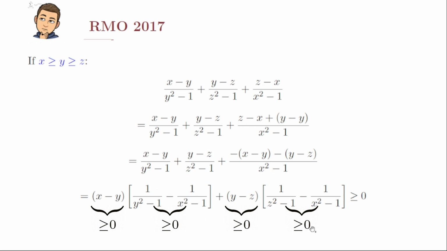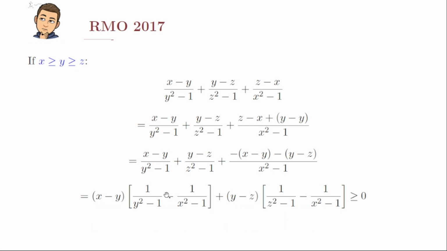Also, similar reasoning: since z is less than or equal to x, 1 over z squared minus 1 is bigger than or equal to 1 over x squared minus 1, because this denominator is bigger than z squared minus 1. So this minus this will be non-negative. So all of this is non-negative. So we are done proving the inequality for the case x bigger than or equal to y, bigger than or equal to z.